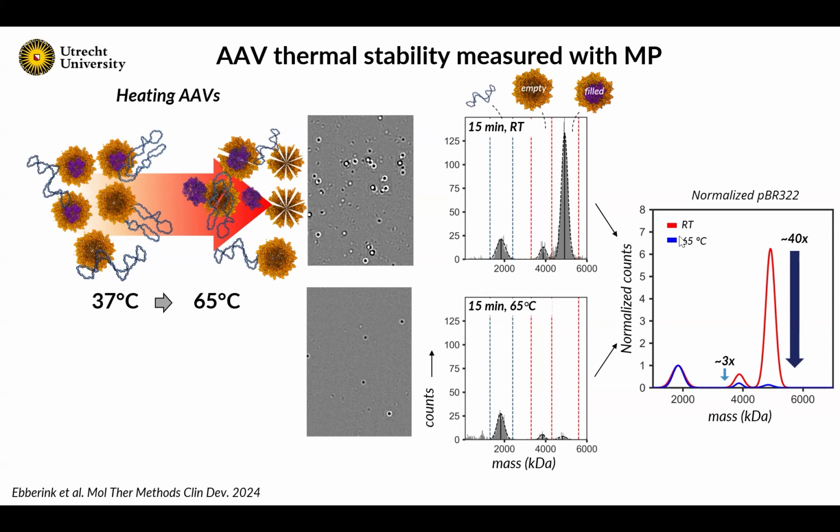Here we have just our measurement before heating it up, done at room temperature. If we now incubate it at 65 degrees, we see about a 40-fold drop in the amount of filled particles. But also for the empty particles, we might see a small drop, about 3-fold or so, in the number of empty particles that we can detect.